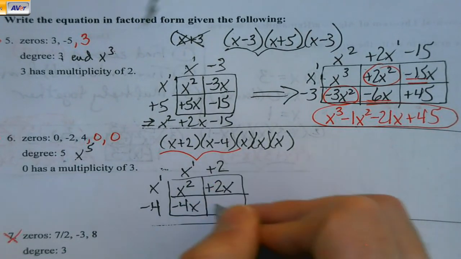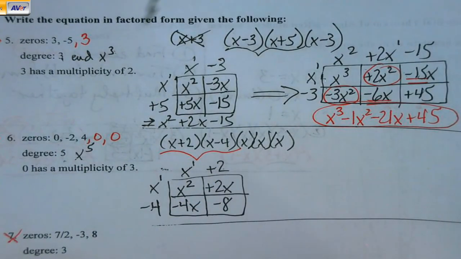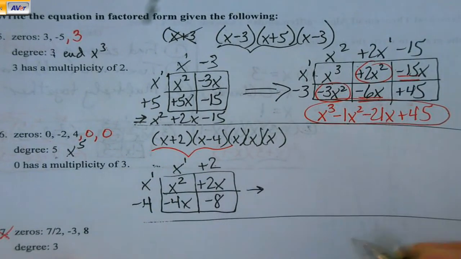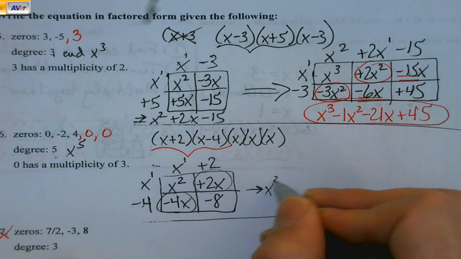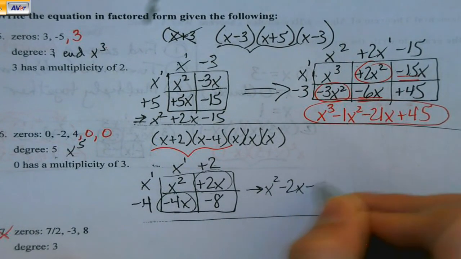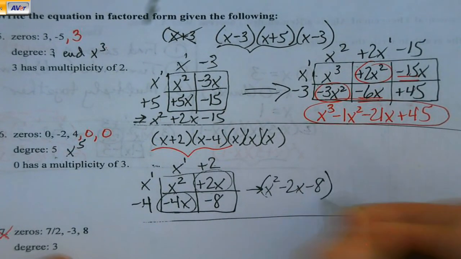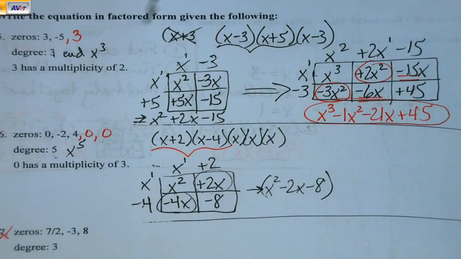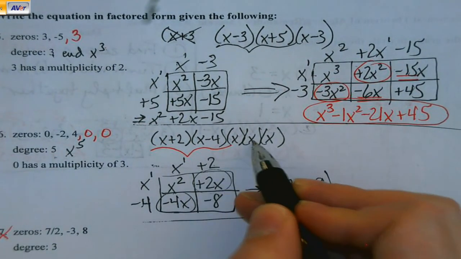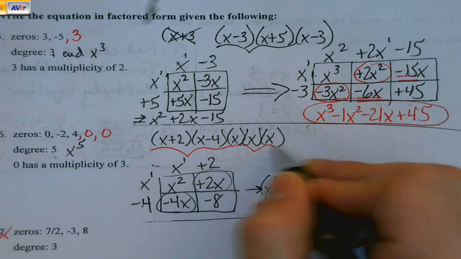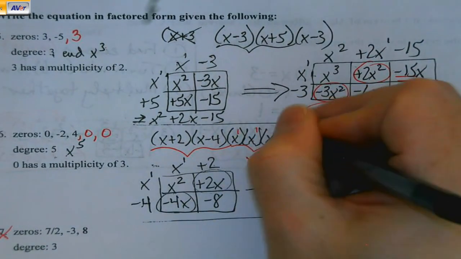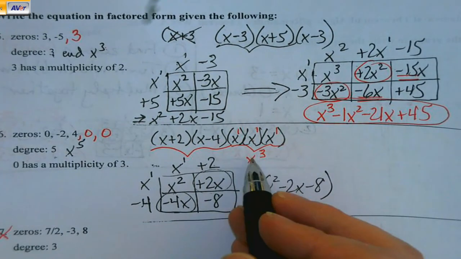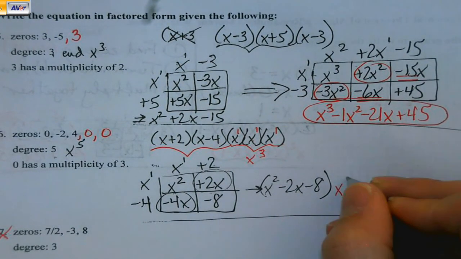Again, doing it traditionally with parentheses would be fine. But here's what I mean when I say this one's a little bit nicer to us. x times x times x is x to the third, because I'm just adding my exponents up.